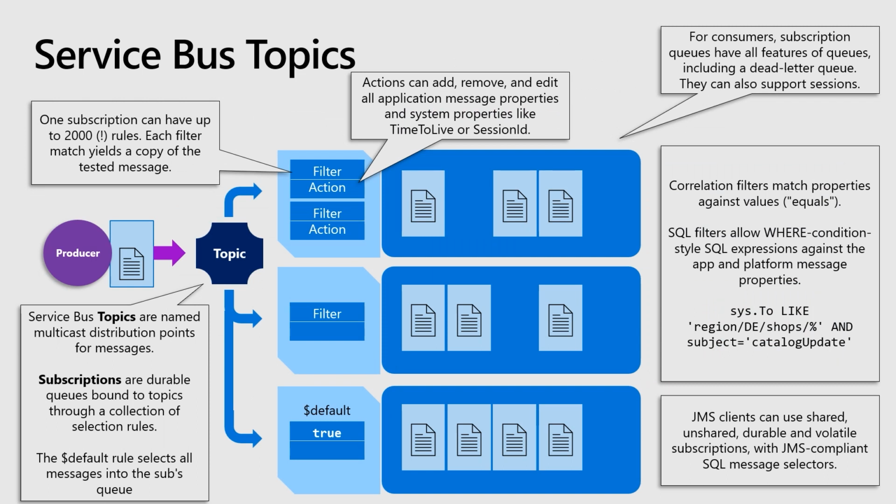So far we talked only about Service Bus queues. Service Bus topics are the same on the receiving end, on the subscriber end. A topic is a name that you can send to. And on a topic, you can create subscriptions, and those subscriptions each have a queue associated with them.